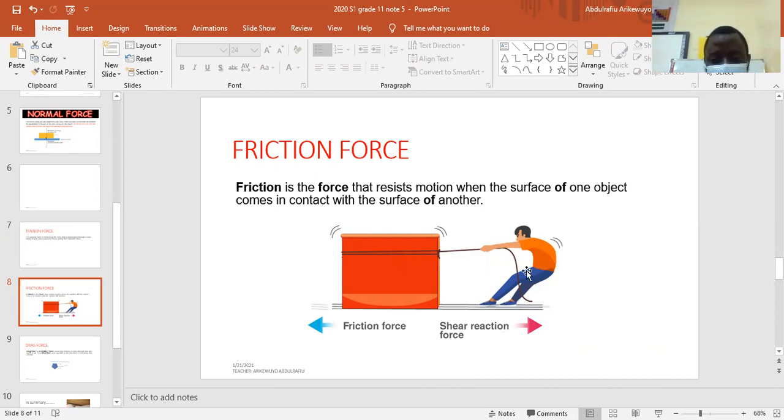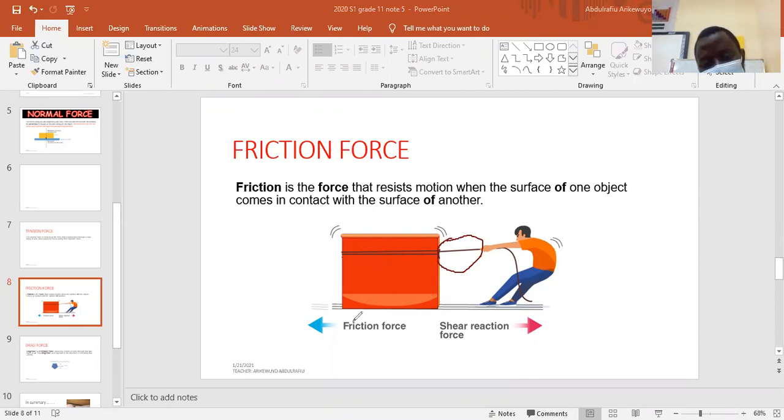All right, so as you can see from here, this man is trying to pull this box on the ground. Now there is a friction force that is acting to the opposite side. Now, as you can guess, inside this rope, we are going to have a tension force.